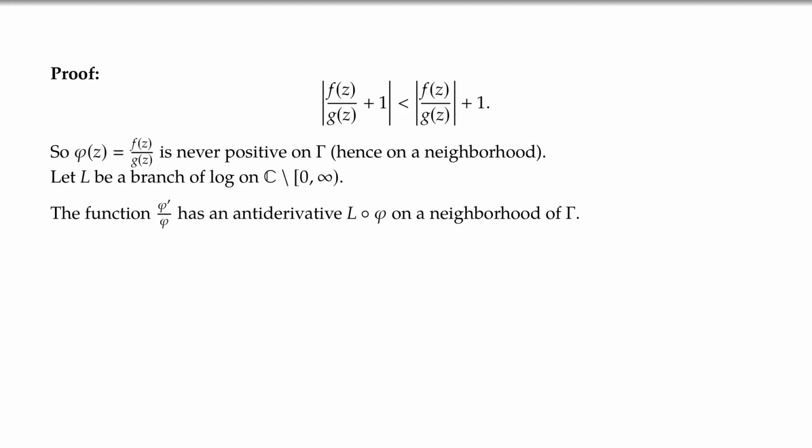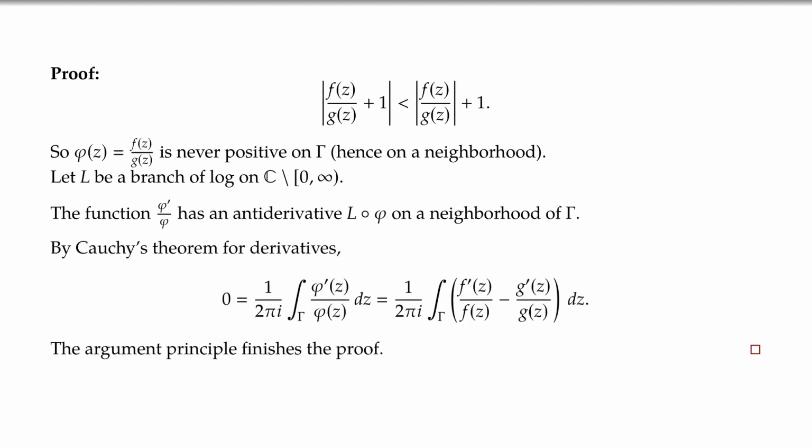It's never positive. So that means that I can plug it into L, those are not the values where L is not defined. So that means by Cauchy's theorem for derivatives that this integral of phi prime over phi around gamma is just 0.